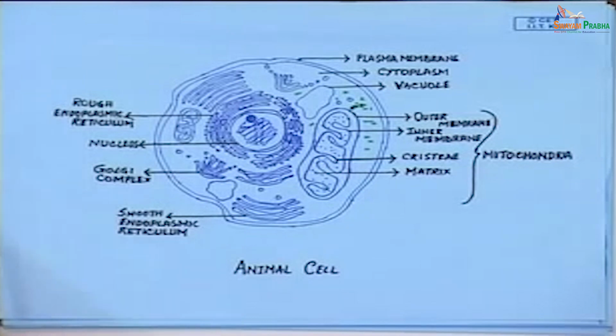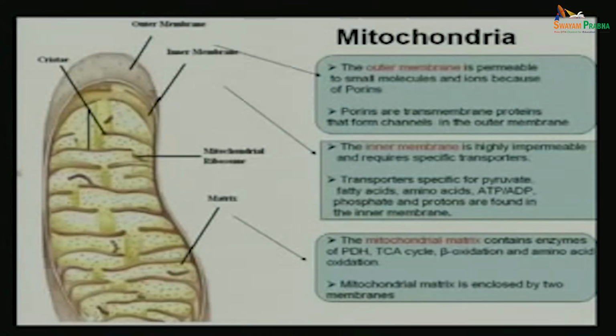mitochondria. And when we see the structure of mitochondria, we can find that it has the outer membrane, the inner membrane, and mitochondrial ribosomes and matrix inside, and the inner membrane is infolded and forms the cristae-like structure.